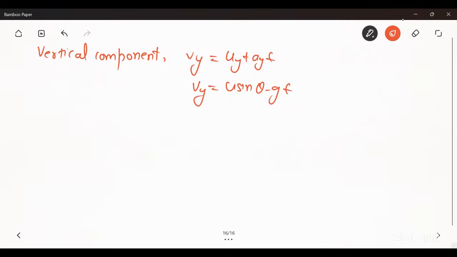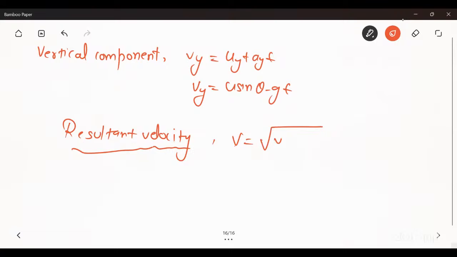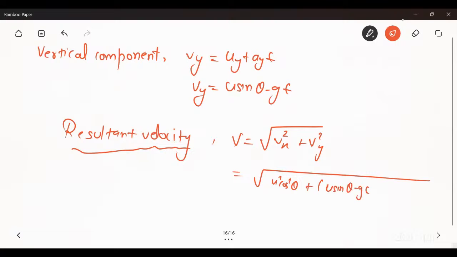Now come to the resultant velocity. Resultant velocity v is equal to under root vx square plus vy square. So vx square means u square cos square theta plus (u sin theta minus gt) whole square.